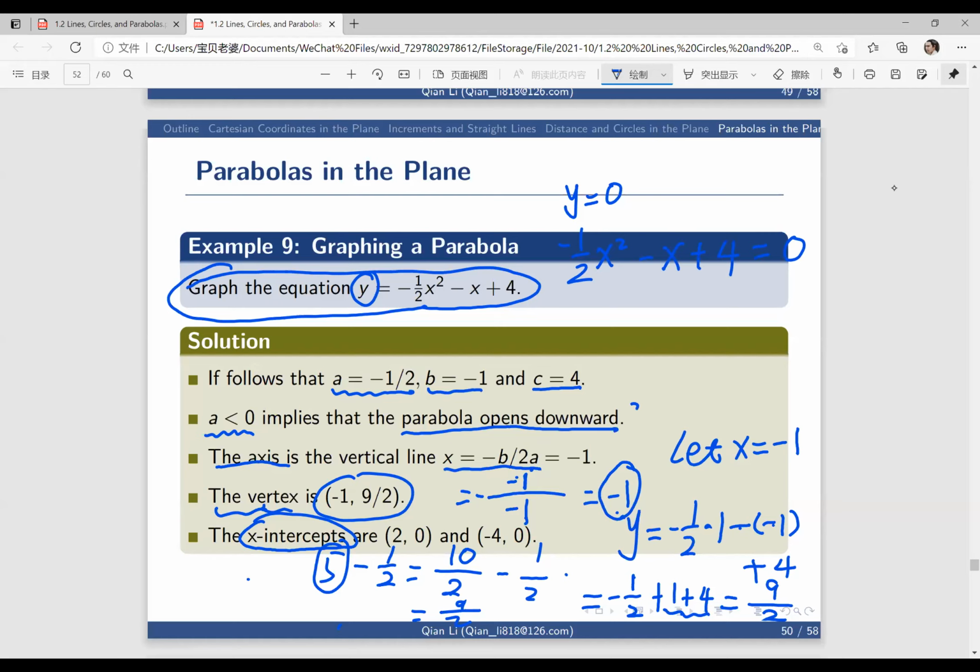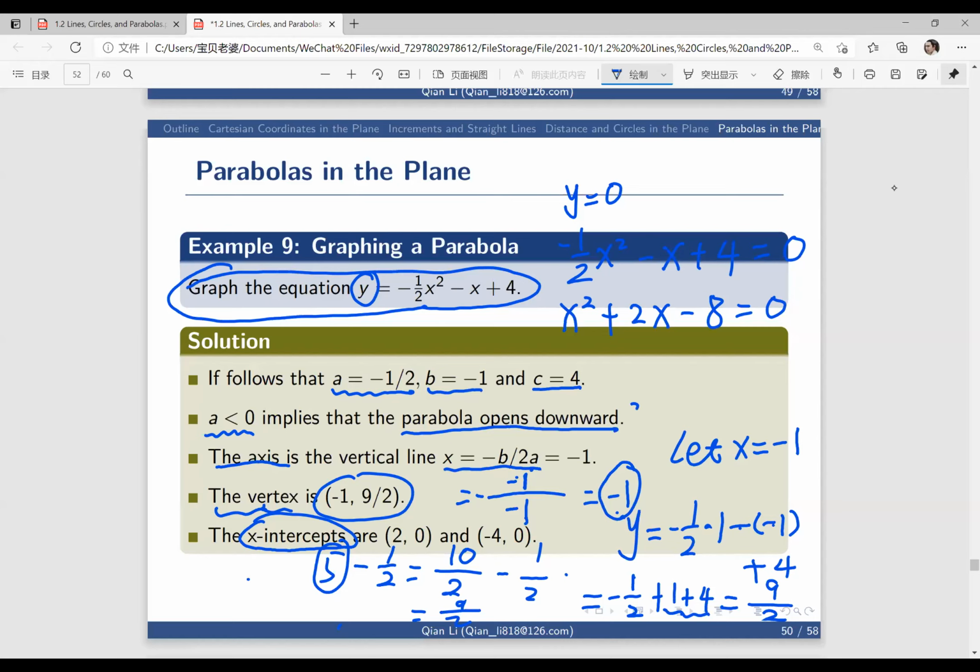And then if we multiply by -2 on both sides, we get x squared plus 2x minus 8 equal to 0, right? Understand?